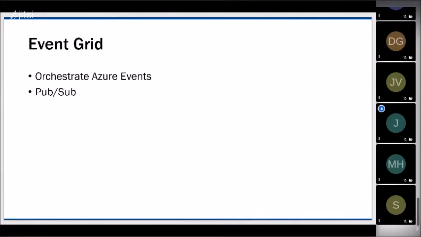Azure Event Grid is sort of an undergirding Azure service that orchestrates a lot of Azure events, and it relies on a pub-sub architecture. So you basically subscribe to different events. And you can also use Event Grid on your own infrastructure, and you can create Event Grid events. But the primary use that I've seen it used in the wild is to orchestrate different Azure events.